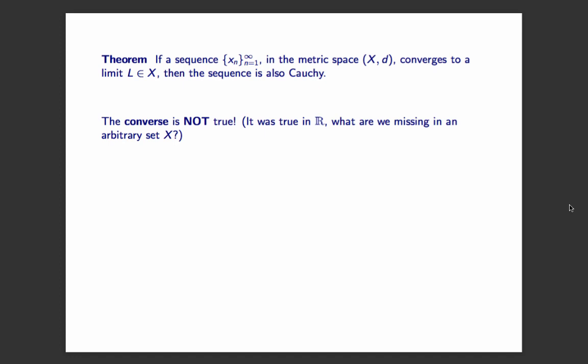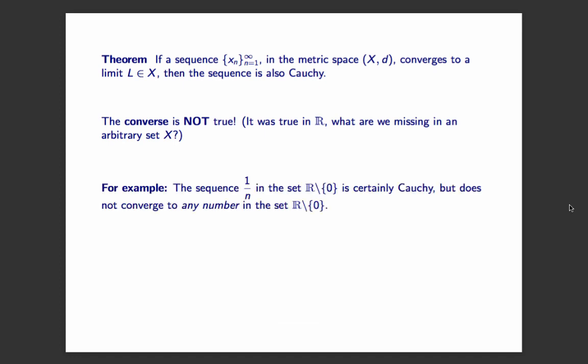We did it last semester. So what are we missing in an arbitrary set X? If I just have an arbitrary set X, what are we missing that Cauchy is not enough to guarantee convergence? Well, I'm going to leave that question for you to answer.